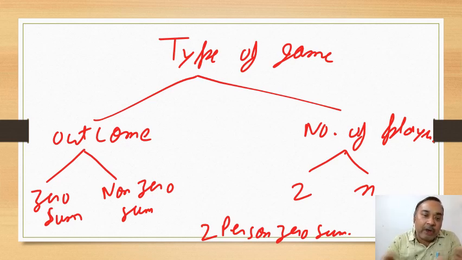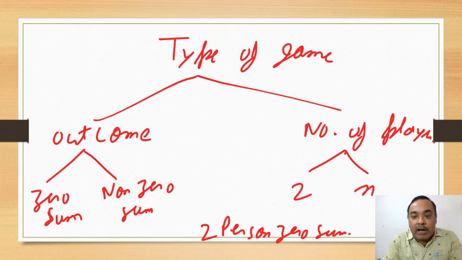Similarly, on the basis of outcome, if the gain of one equals the loss of the other or vice versa, then we call it a zero sum game. That means the net result will be 0, one will be in plus and one will be in minus. The second one is non-zero sum.